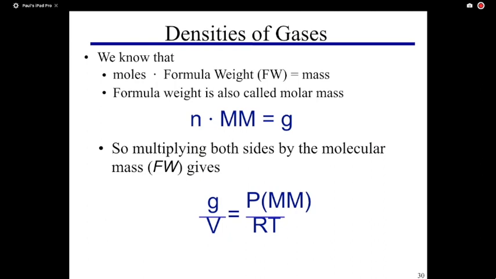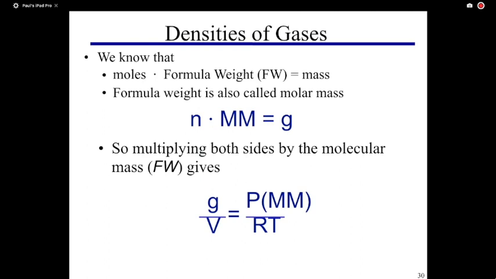of the equation by the molar mass, and then I can substitute n times molar mass on this side and just put grams. And on this side I get pressure times the molar mass divided by RT, which will give us a density, in units of grams per liter.